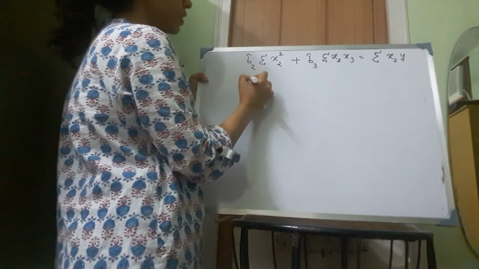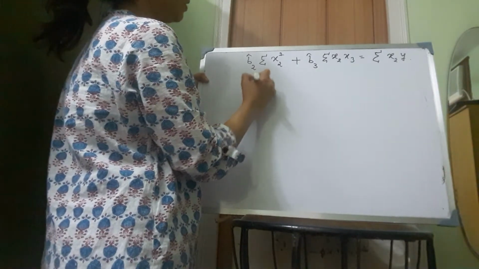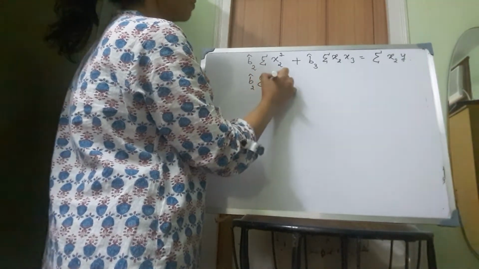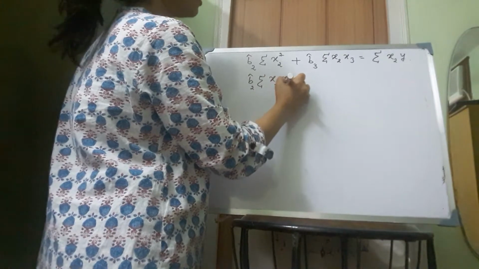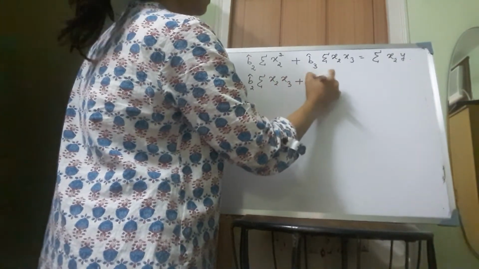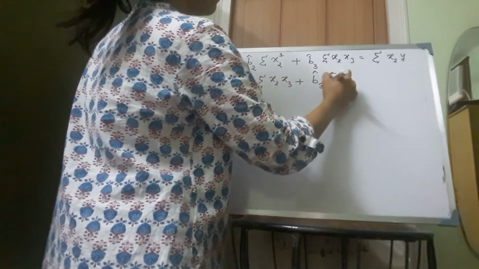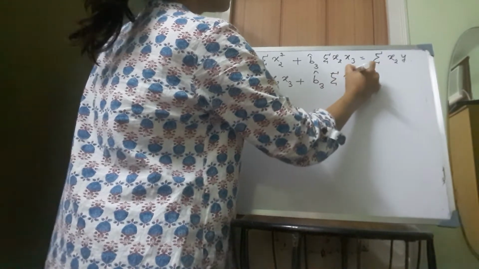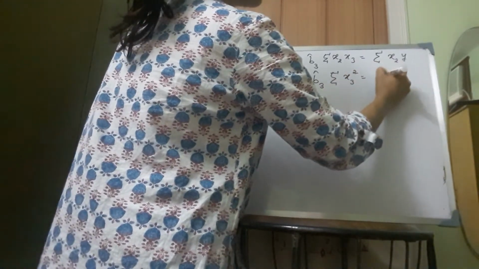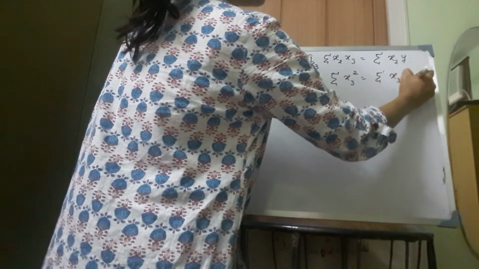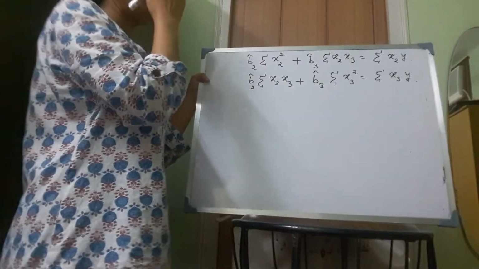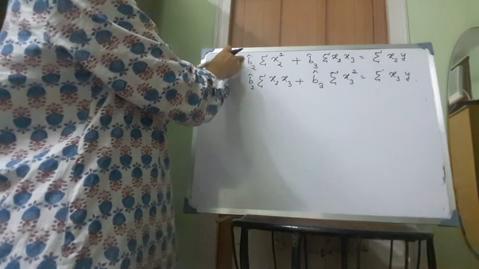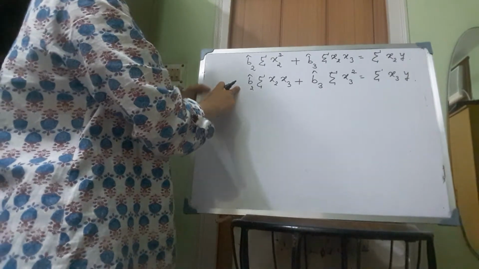And the second equation that we will get is b2 hat summation of x2 x3 plus b3 hat summation of x3 square is equal to summation of x3 y. So after simplifying those three normal equations, we will get these two equations.